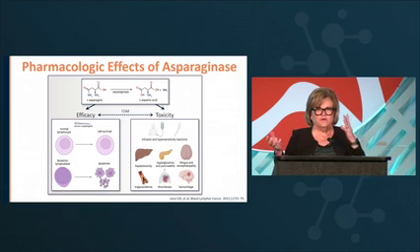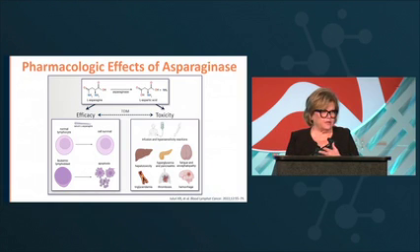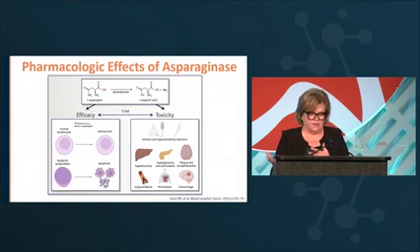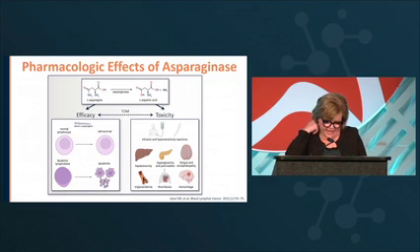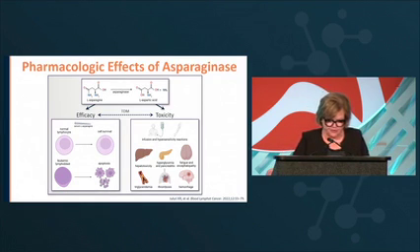But then we balance this whole level of efficacy versus toxicity that we have to watch for, because we know that our patients are likely to have some of these related events during their therapy on asparaginase.